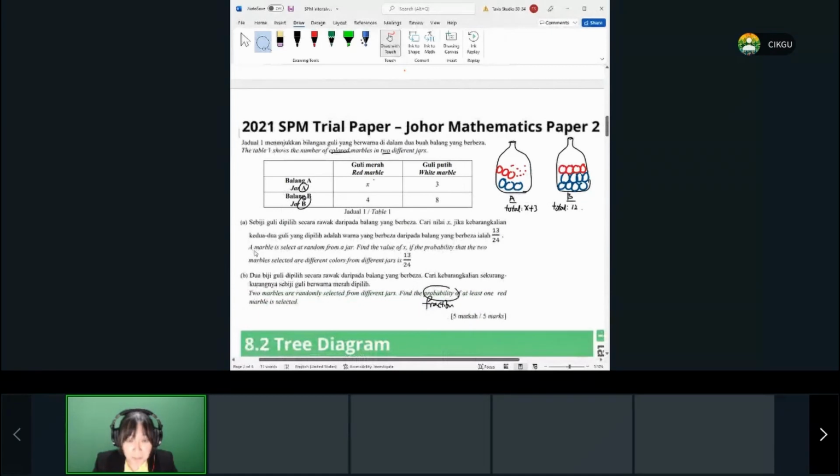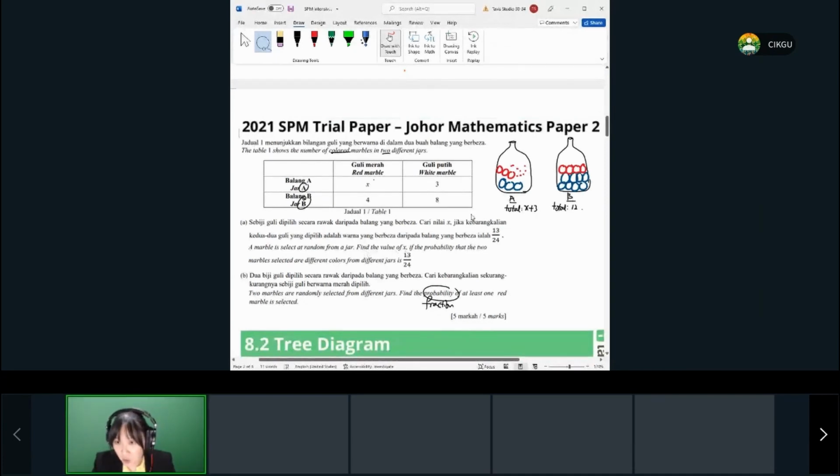Part A, a marble is selected at random from a jar. That means they want to select one marble from A, and then they also want to select a marble from B. So this one is 2 events. One, I want to pick one marble from A. The second event, I want to pick another marble from B. 2 events.